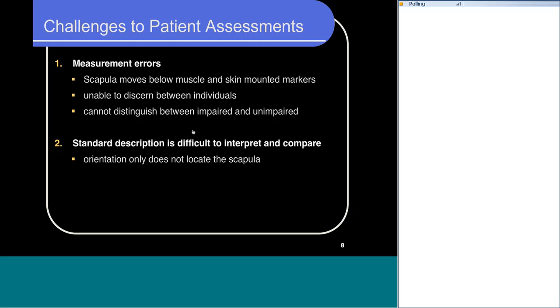So the description of the kinematics is difficult to compare. And it doesn't factor in the translation of the scapula, and doesn't locate the scapula in space. It's also difficult to test cause and effect relationships and what's causing movement and dysfunction.